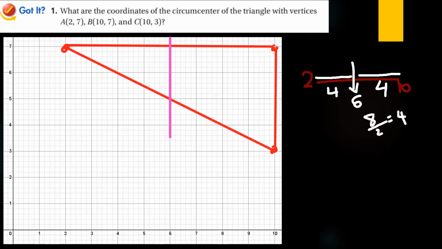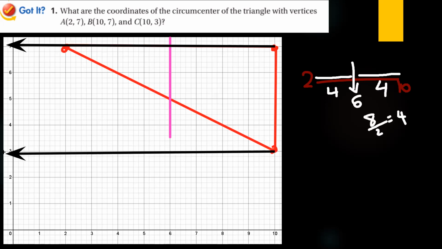Now here, this is the first line. It is at point 7. And this is the second line. It is at point 3. So where will the midpoint be, or where will the perpendicular side be? We are at point 3, ending at point 7. So at which point? 5. Bravo. You can do it in 2 steps.